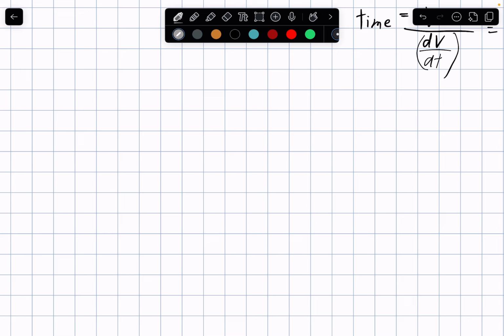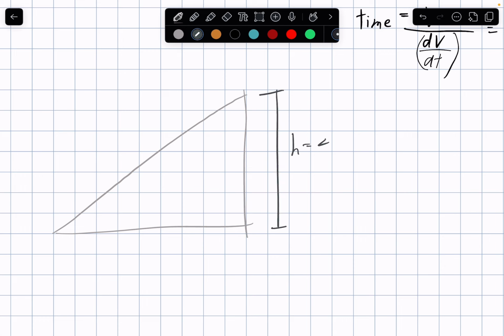Okay, so this time it's going to be a triangle. A kite is 40 feet high with 50 feet of cord that's out.